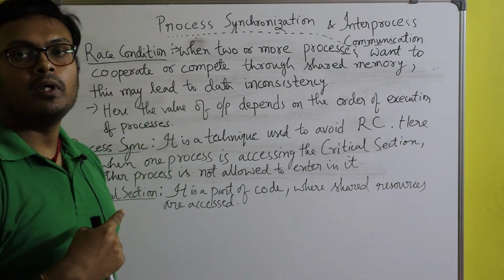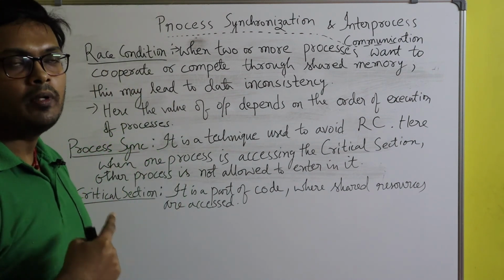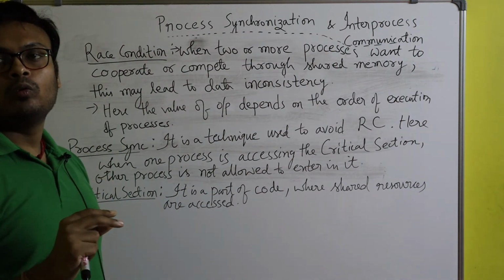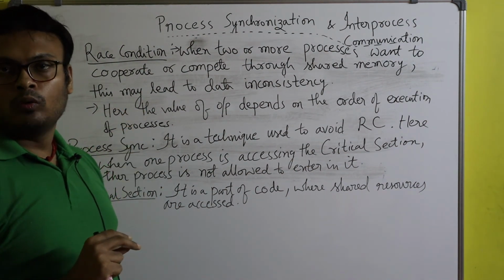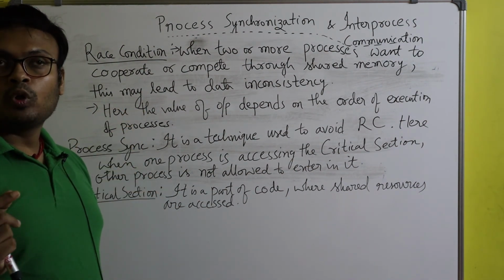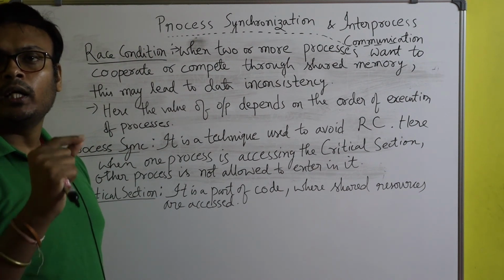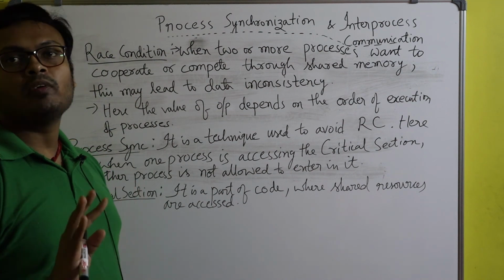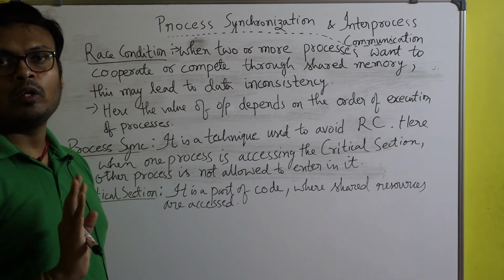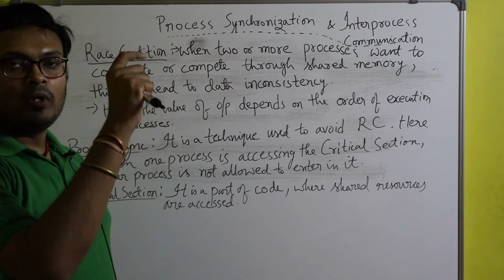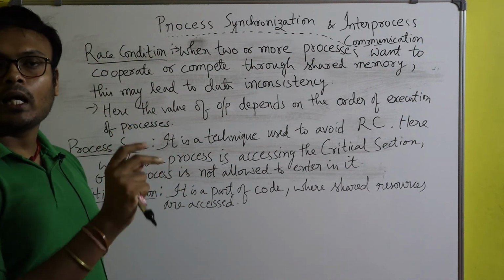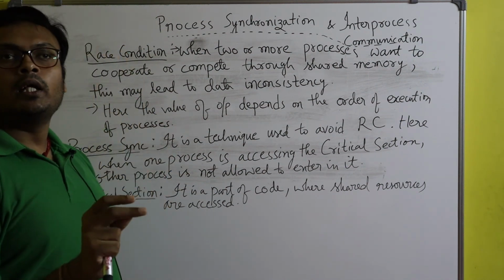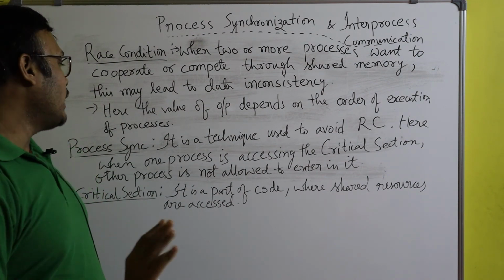In the previous example, when process P1 was accessing the count variable, if process P2 didn't interfere, then the ultimate value was correct. I mean to say that P1 fully completed its task. After that, if the CPU is given to process P2, there won't be any problem. So that's what I have written.